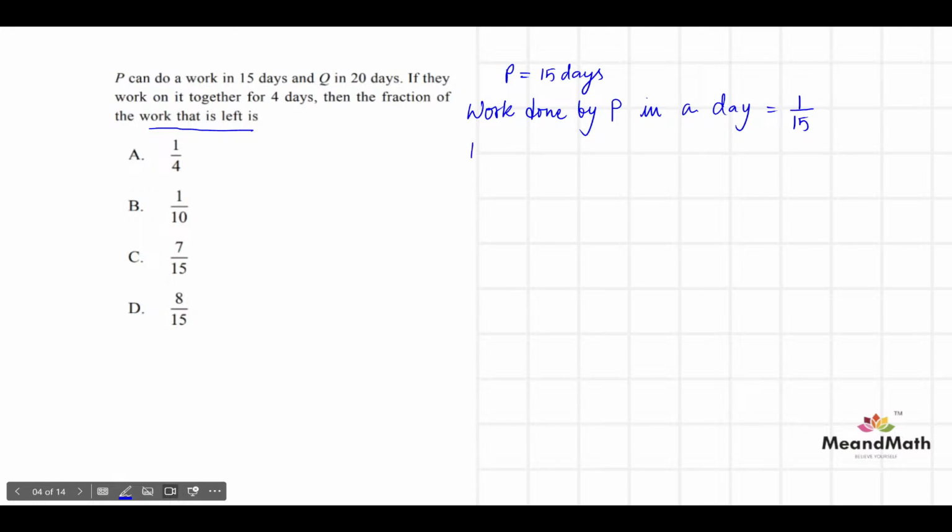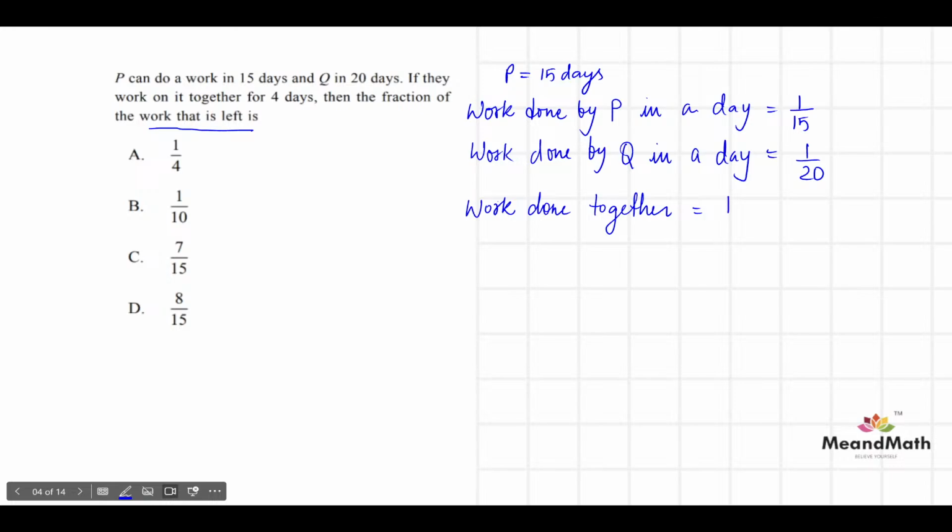Now similarly, work done by Q in a day, well, that would be 1 over 20. If they both are sitting together to work, so work done together in a day is obviously going to be 1 over 15 plus 1 over 20.